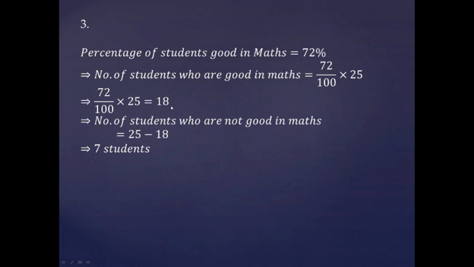In order to find out the actual number of students, those who are not good in maths, we have to subtract the number of good in maths, that is 18, from the total number, that is 25. So the number of students who are not good in maths equal to 25 minus 18. 25 minus 18 is 7. So 7 students are not good in maths in that class.